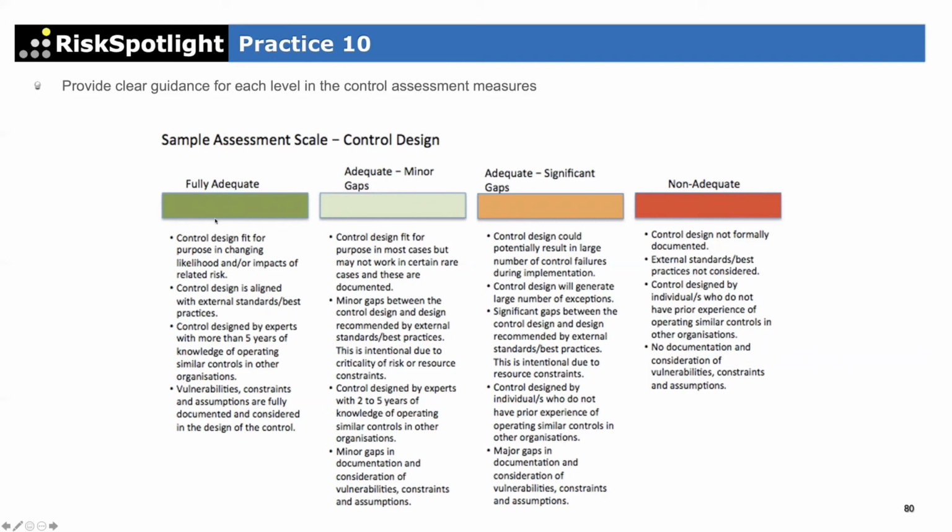In this case, we're saying only assess the control design as fully adequate if the control design fits the purpose in changing the likelihood or the impact of the risk, if the control design is aligned with external standards and best practices, if the control is designed by experts with more than 5 years of knowledge of operating similar control, and if all the vulnerabilities, constraints and assumptions of that control are fully documented and have been considered in the design of the control. Only then you should mark that control as fully adequate from a design perspective.